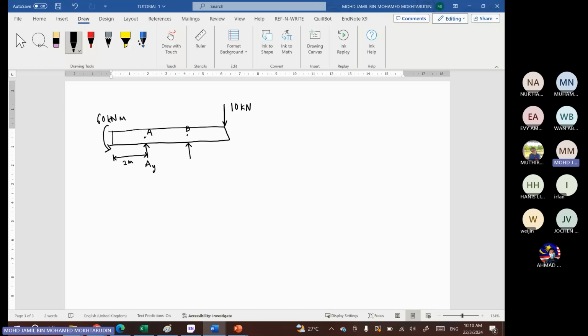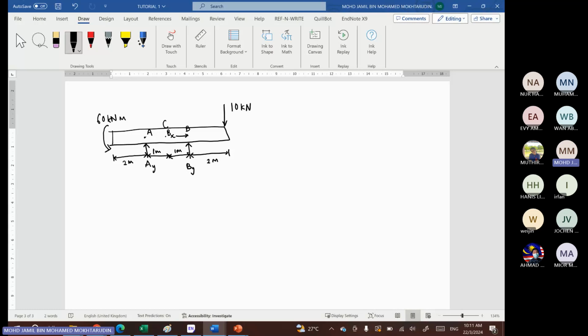So we only have AY. And at point B, we have a pin support, so we have BY and also BX. And it is 2 meter from the other end. So we have point C in the middle. All right, so this is our free body diagram.